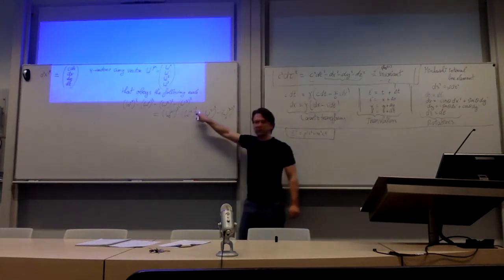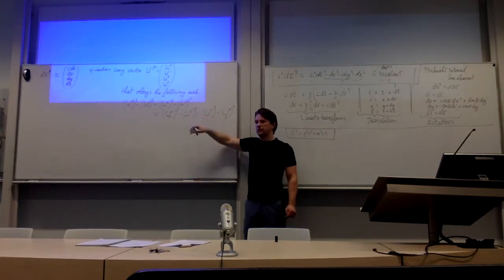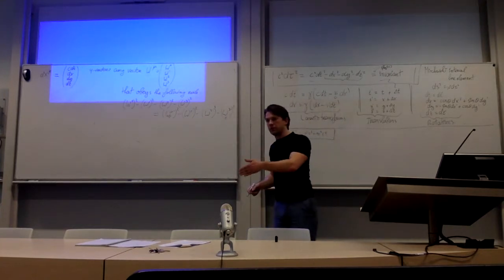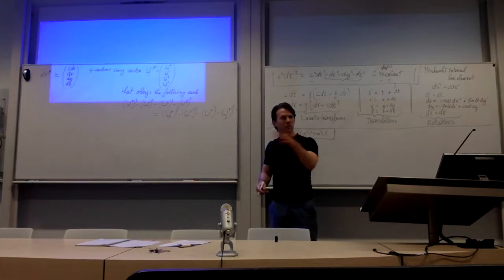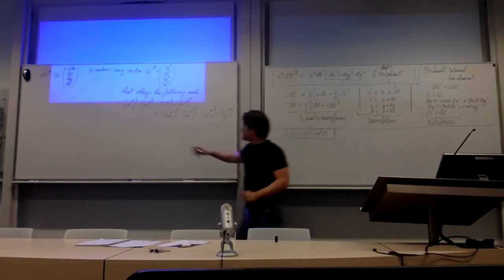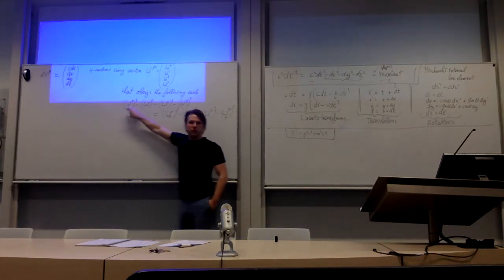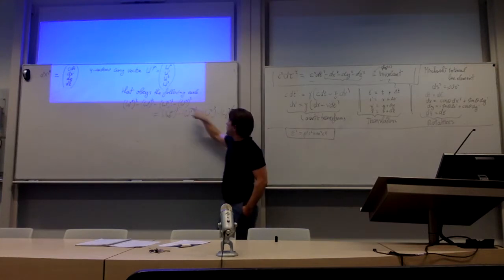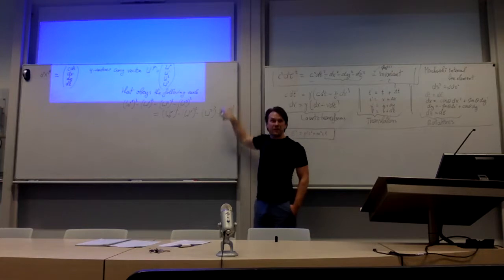I've put some primes here. That's the other guy's numbers for the same 4-vector. One guy's W1 is not the other guy's W1, so I distinguish them with a prime. One guy's W0 is not the other guy's W0, so I distinguish them with a prime. And for all these coordinates, the same thing. This number might be different from one observer to the other, this one might be different, that one might be different. But this particular combination is the same for all.